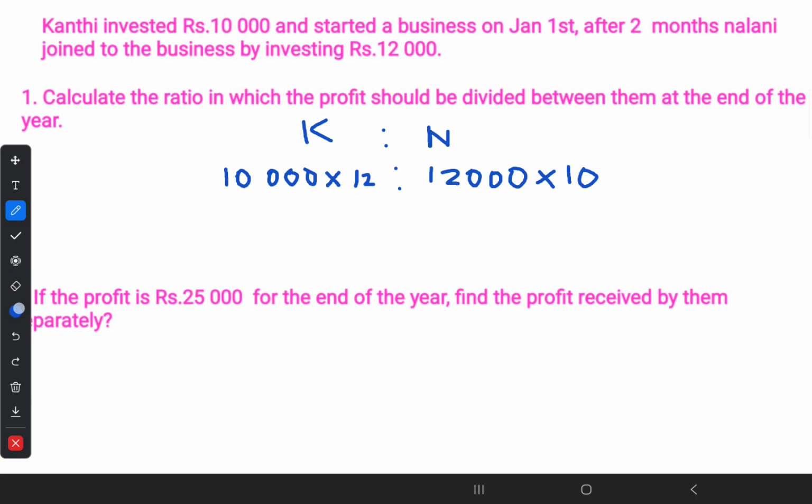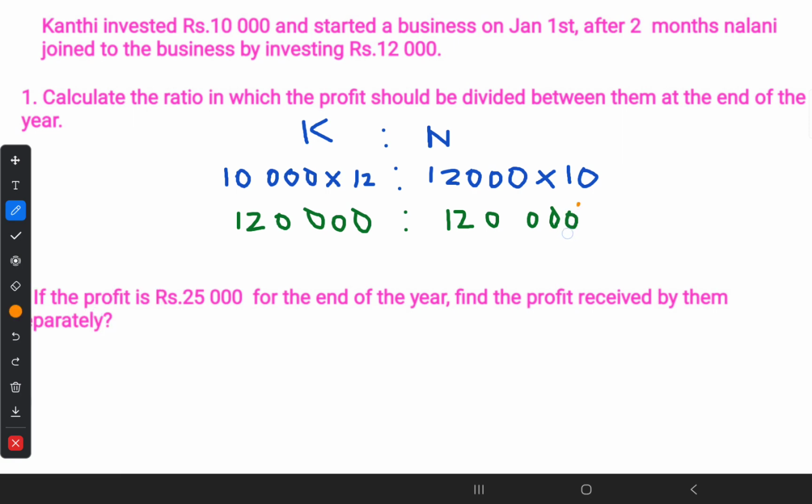Let's simplify them. Some of you might struggle to simplify directly. First, we will multiply 10,000 into 12. It is 120,000, and 12,000 into 10 is 120,000 again. You think about the zero count.